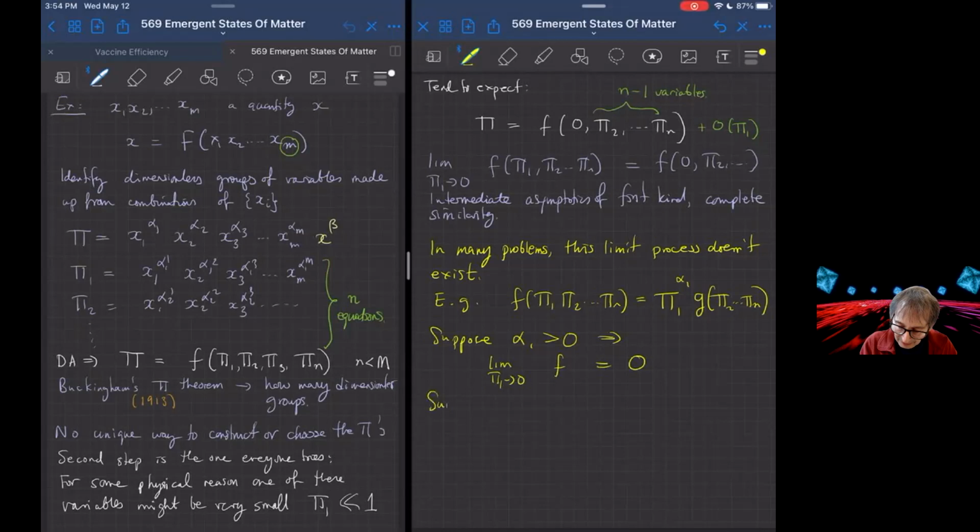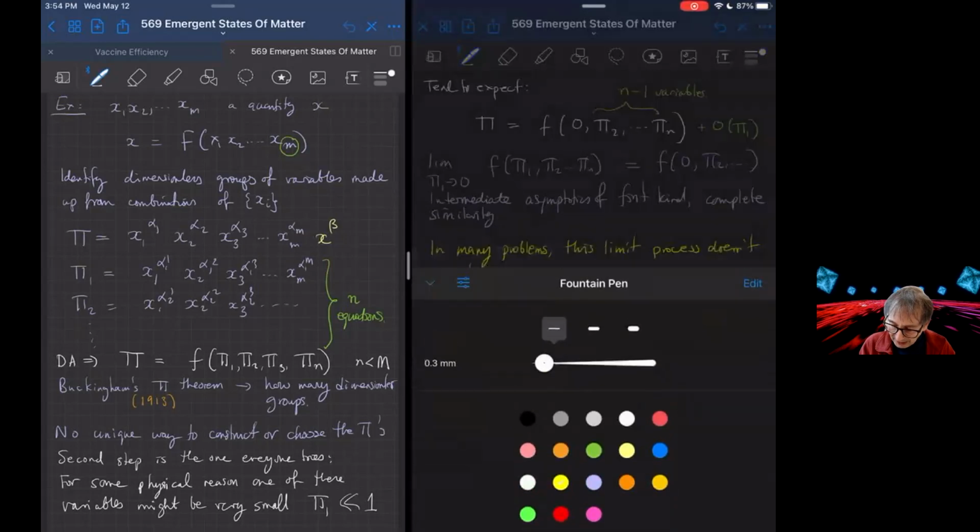Similarly, if alpha were negative, then that would mean that the limit as pi1 goes to 0 of f is going to be infinity. It's going to diverge. Again, completely useless.